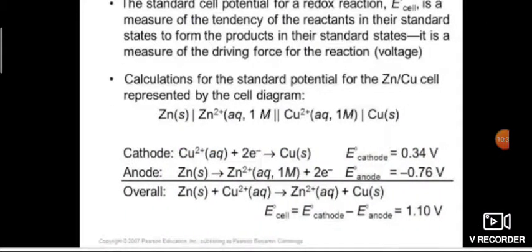Next one is standard electrode potential. What is standard electrode potential? This definition is given in your textbook. You can use your textbook.